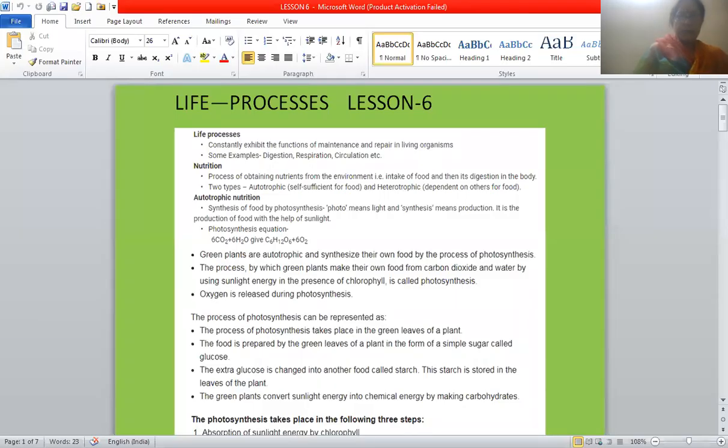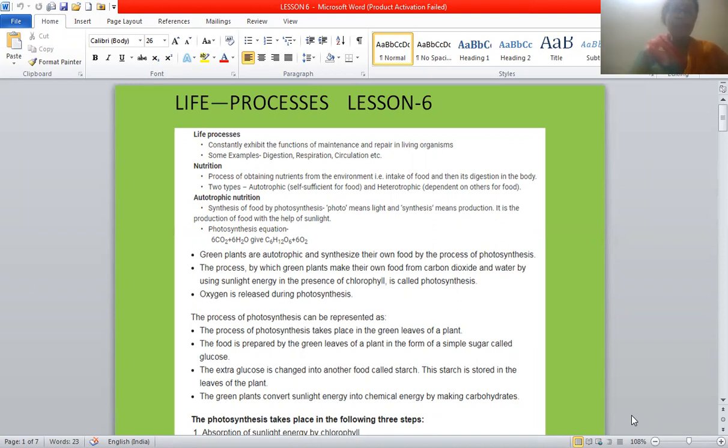They are the basic functions which are similar in all organisms, such as requirement of energy, nutrition, respiration, exchange of materials, transpiration, excretion, movement, sensitivity.